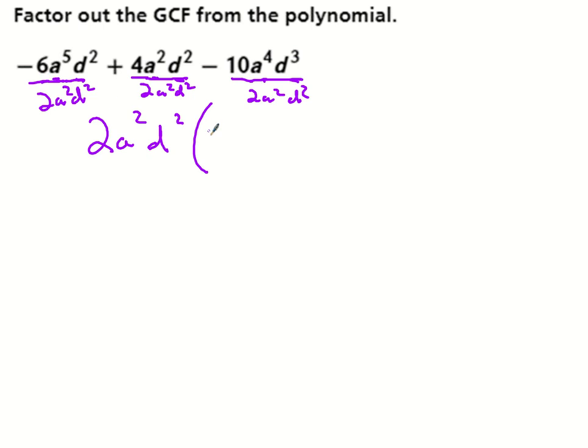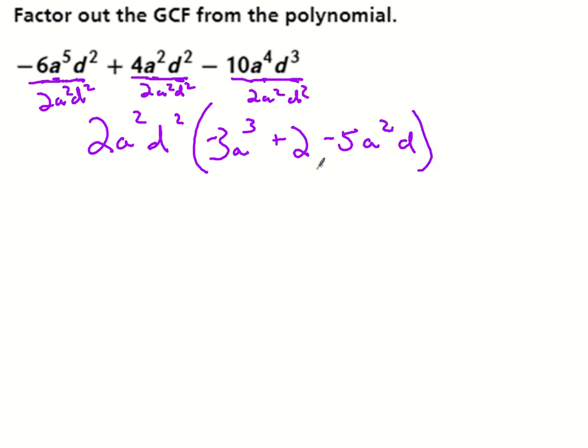Negative 6 divided by 2 is negative 3. 5 minus 2 is 3. 2 minus 2 is 0, so that cancels out. Plus 2, the a's cancel out and the d's cancel out. And then 10 divided by 2 is 5. A to the fourth divided by a squared is a squared, because 4 minus 2 is 2. And then 3 minus 1 is 1.